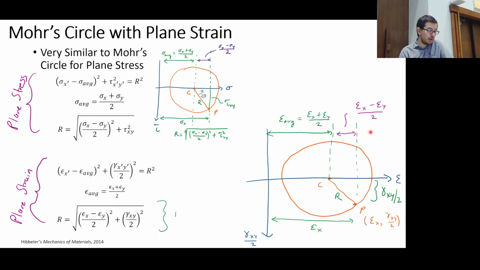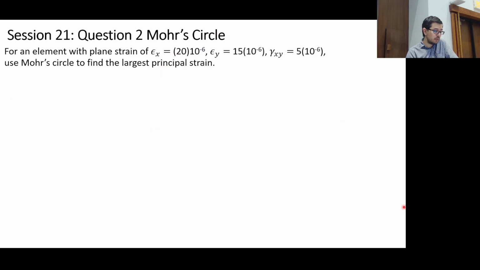And the radius will be essentially the hypotenuse of the triangle that this adjacent and this opposite side form. The opposite side, of course, being the gamma xy over 2. That's the derivation.